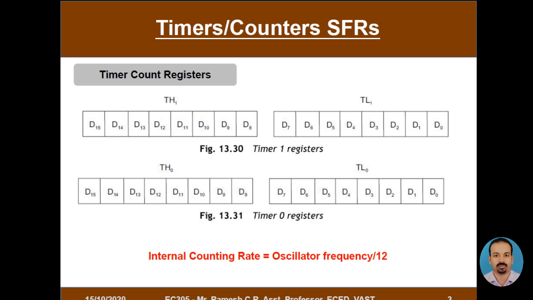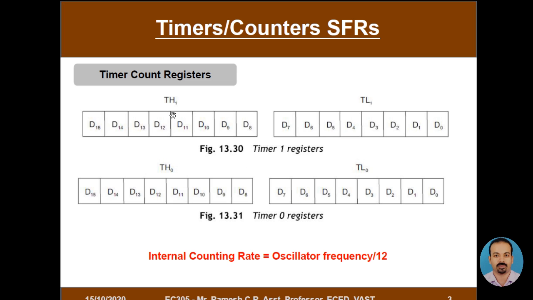Now let's move on to the SFRs, that is the special function registers related to our timer module. The first set of special function registers is known as the timer count registers, and as we said, we have two 16-bit timers.